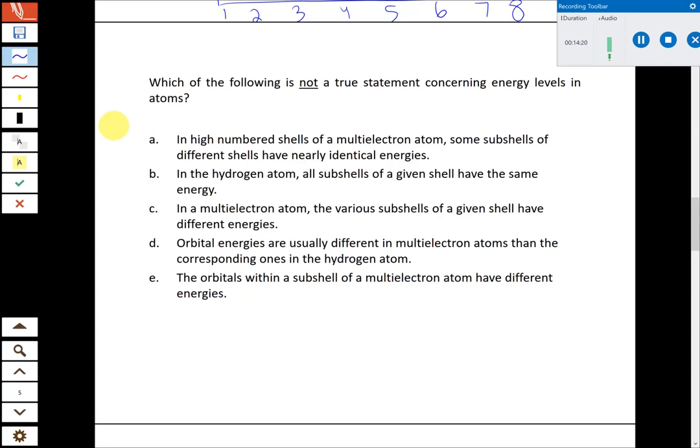In choice A, in high-numbered shells of a multi-electron atom, some subshells of different shells have nearly identical energy. So what exactly is this saying? Basically, as you go to higher and higher energy subshells, when we fill the subshells doing electron configurations, we go from lowest energy to highest energy subshells.